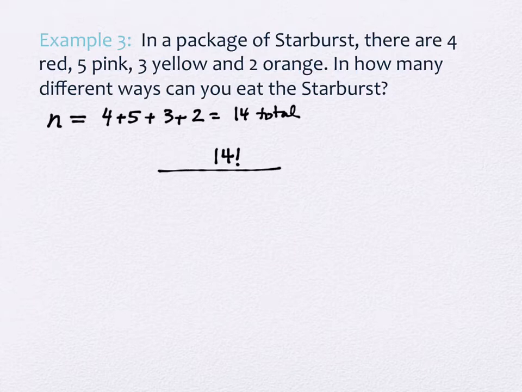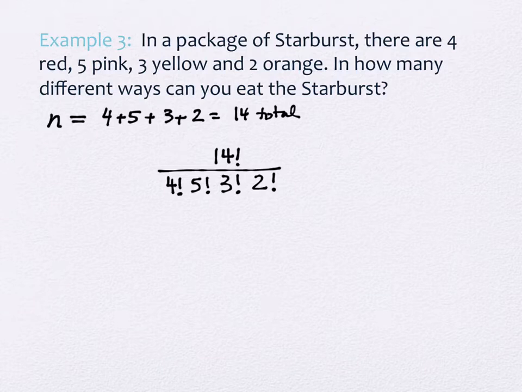We divide by each of the different pieces that aren't able to be distinguished: namely, the 4 that are red, factorial; the 5 that are pink, factorial; the 3 that are yellow, factorial; and the 2 that are orange, factorial.